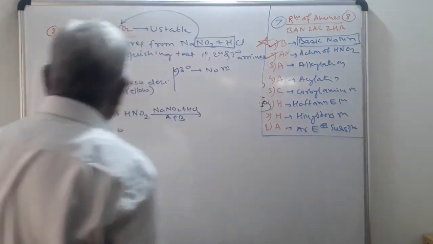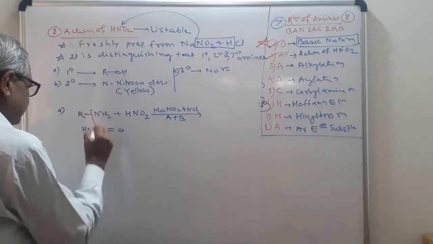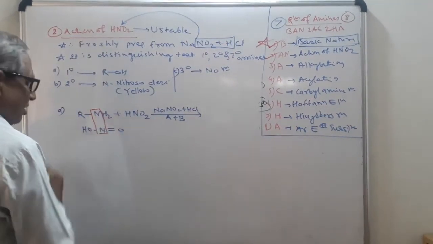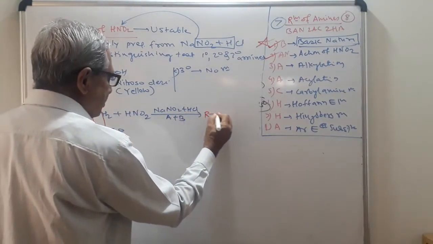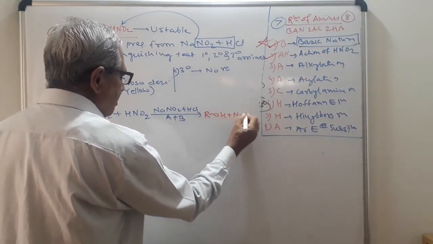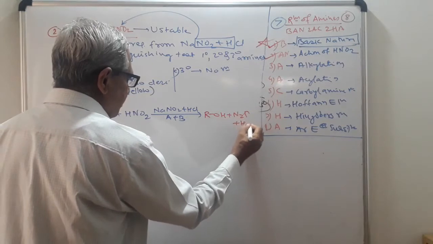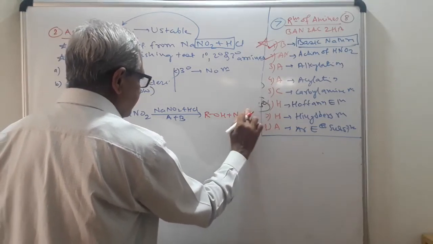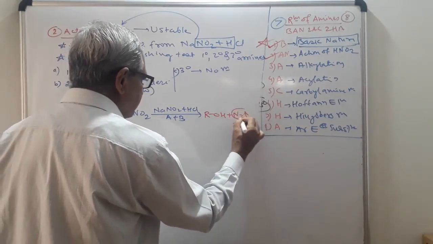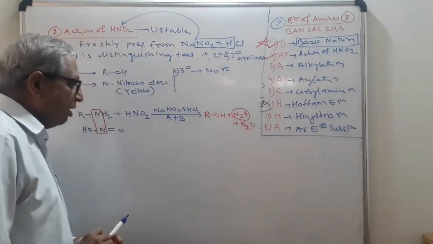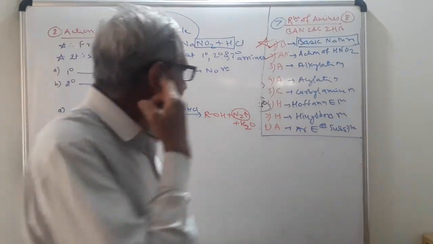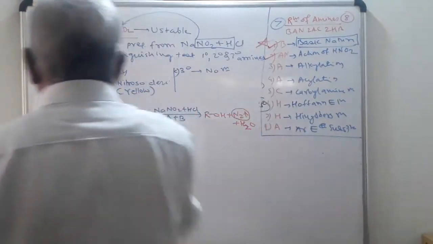When you combine this, nitrogen gas will be evolved. On the right hand side you will get alcohol. Another byproduct is H2O. Sometimes the question will ask, during this reaction which gas is evolved? Nitrogen gas is evolved. So this is the A point here.